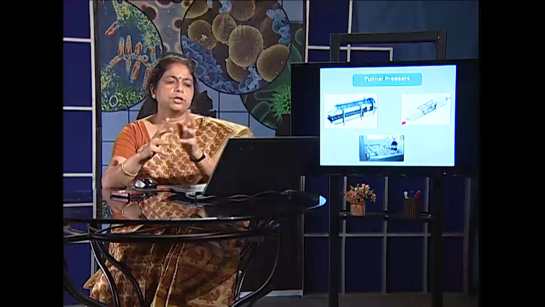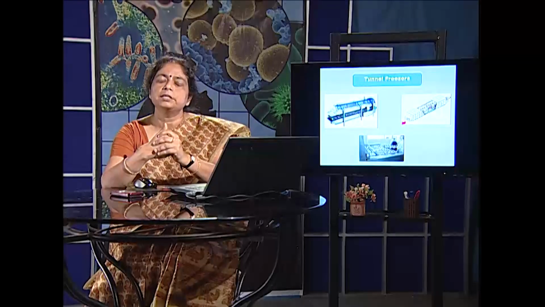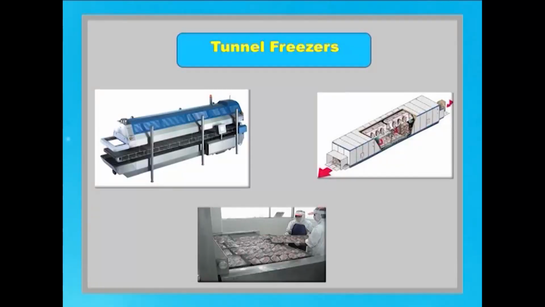Now let us learn the different techniques of low temperature preservation. These techniques are basically performed in the food industry. The first one is the tunnel freezing method, which is done with the help of tunnel freezers.